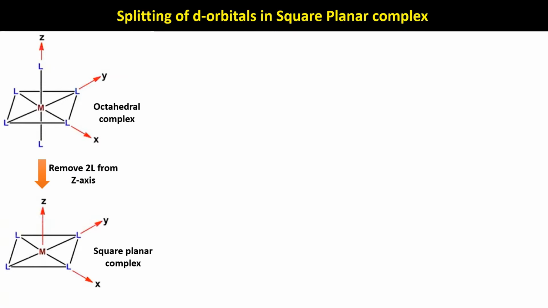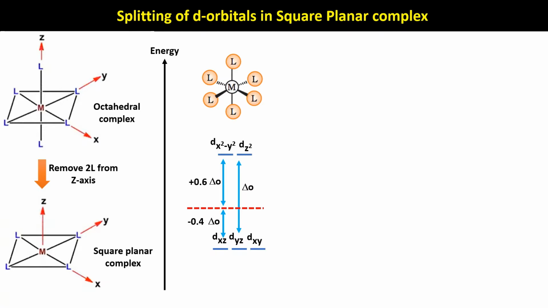This is the d orbital splitting of an octahedral complex. As ligand moves away from z-axis, d orbitals having z component will fall in energy. The dz square orbital falls the most, as its electrons are concentrated in the lobe along z-axis.